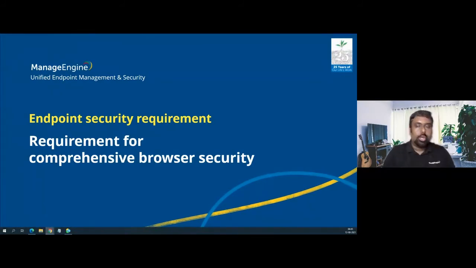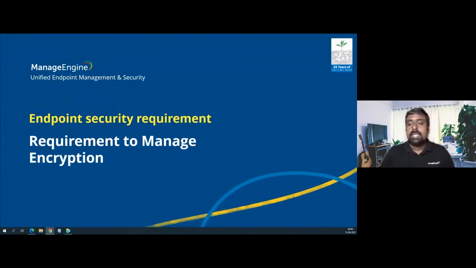I'll probably show you around the product in a few minutes, but these CIS compliance benchmarks for your browsers, how to enable threat protection and disable certain options at the browser level, you should be able to do granular control over your browsers. That's one of the new age requirements, comprehensive browser security, and we have also offered it for our customers as well.